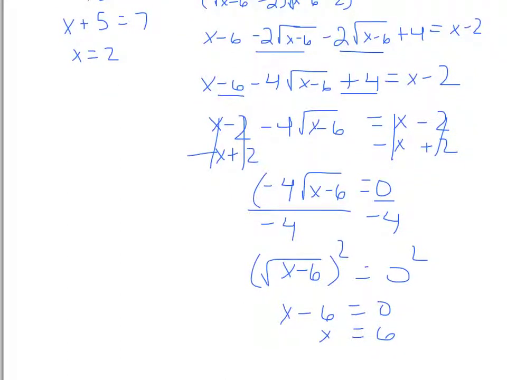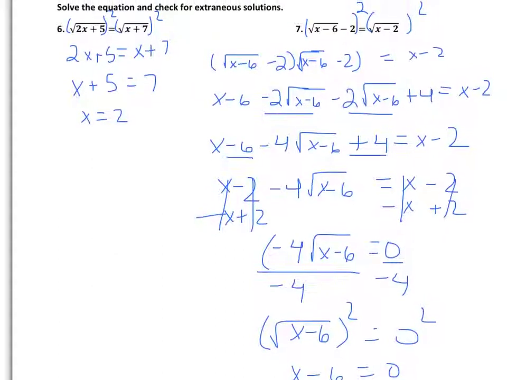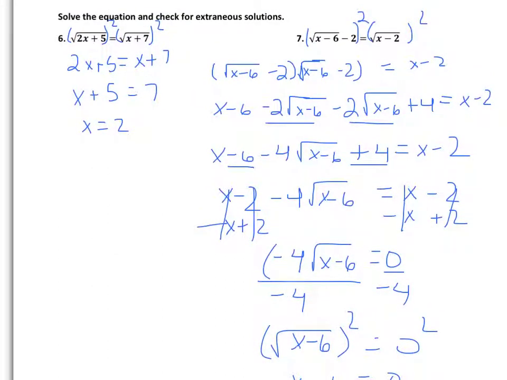But let's go back through. So we still have to square both sides, right? We did right here. Square root of x minus 6 times square root of x minus 6 is x minus 6. And maybe what I should have done to help keep it on the right path is use the parentheses.